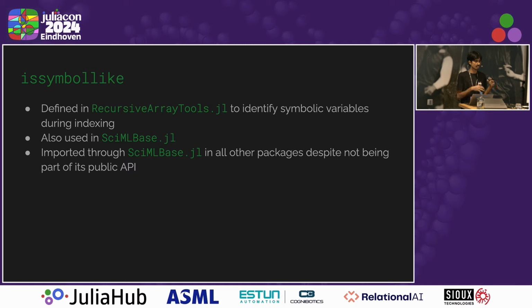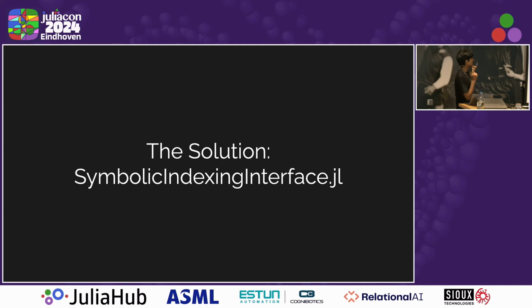And so it's extended in some places, and it's imported through multiple transitive dependencies in other places, even though it's not part of the SymL base API. And we had a lot of these hacky implementations of pulling functions from nested dependencies and that kind of stuff that we just wanted to clear out. And so the SymbolicIndexingInterface is the solution to all of our problems, if I could say so.